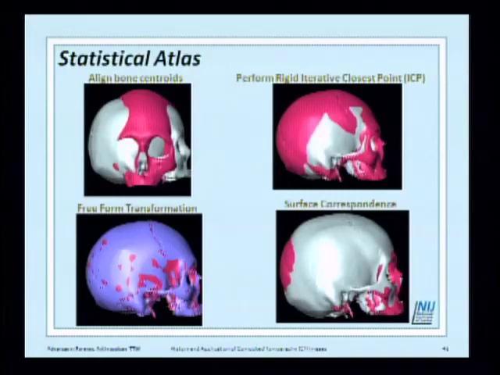Now, this is an example of how the Statistical Atlas is used. You can have your template bone, which is the average, the red one, and you have a bone, a cranium, that you want to add to your Statistical Atlas so you can run analysis on it later. So the two models will have a rigid registration where the two cranium models will be aligned.